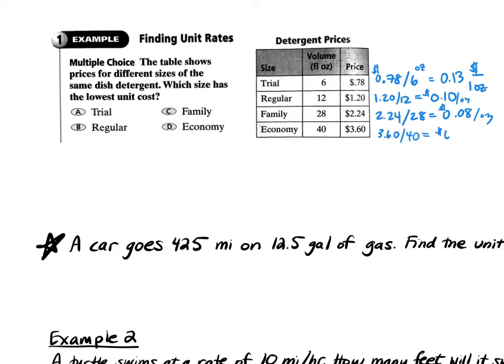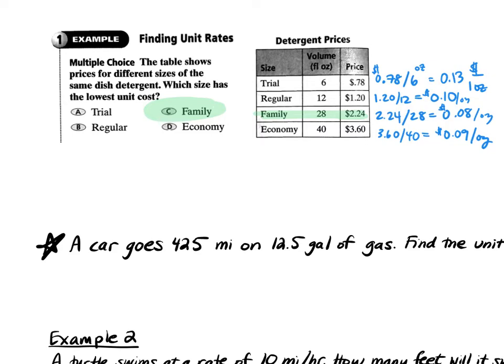Okay, so it isn't the cheapest, right? So it actually makes most sense to buy which one? Family, right? Family has the lowest unit cost. So if we were at the store and we needed some detergent, it would be the best value for our money to buy the family. That is if we're going to be using that much detergent. You don't want to just buy the bulk and then have it go to waste.